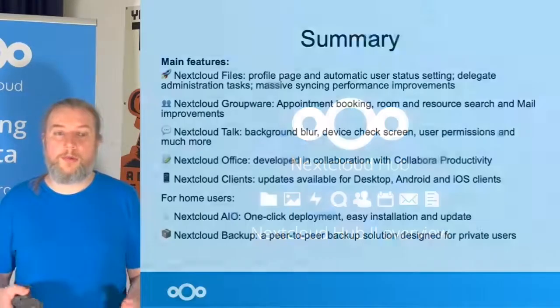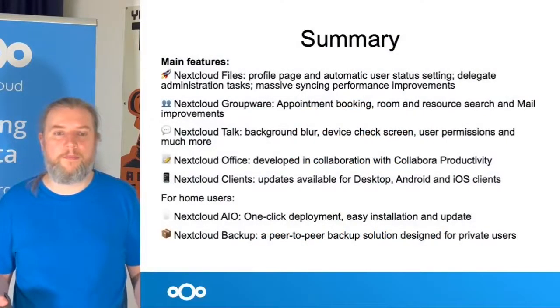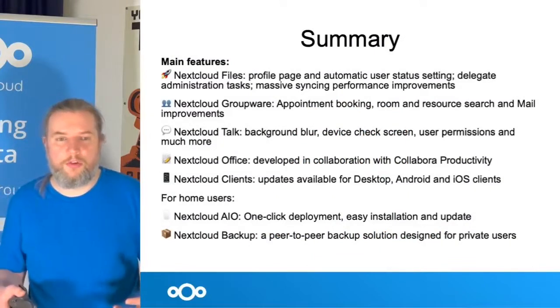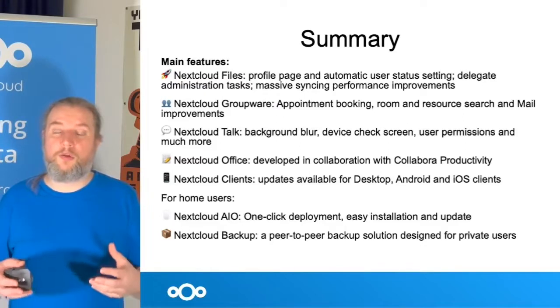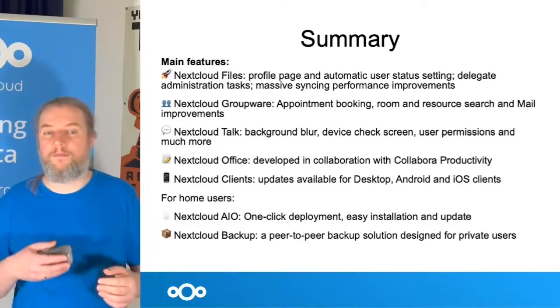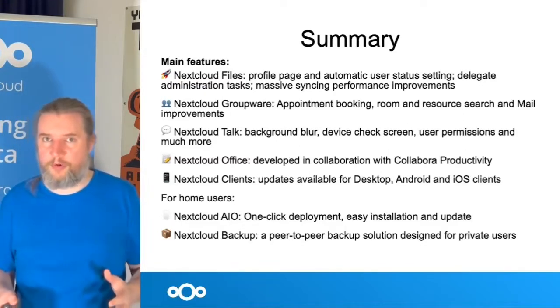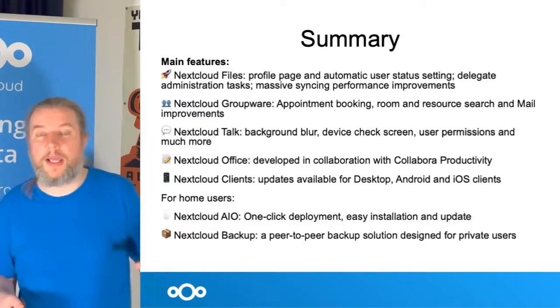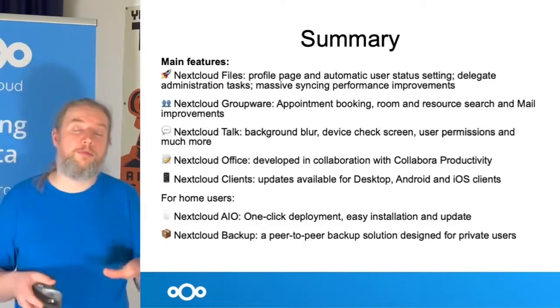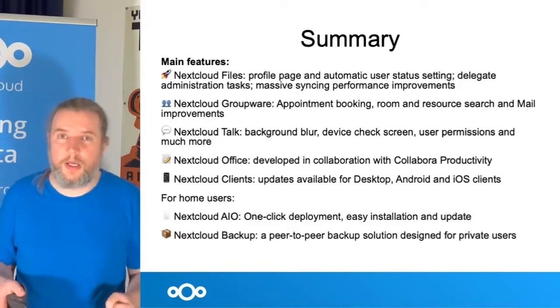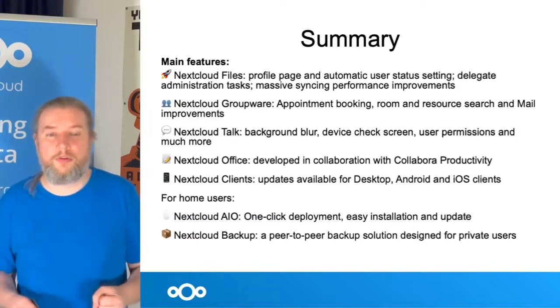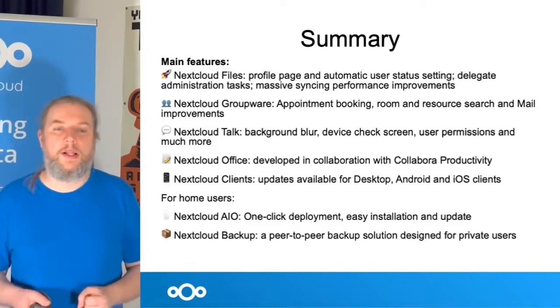So a quick summary again. So we introduced a profile page, and automatic user status settings, a lot of performance improvements in syncing. We'll get to that. We had in Nextcloud 21 the high performance backend. Well, there's a big improvement here in Nextcloud 23 as well to performance with the desktop clients.